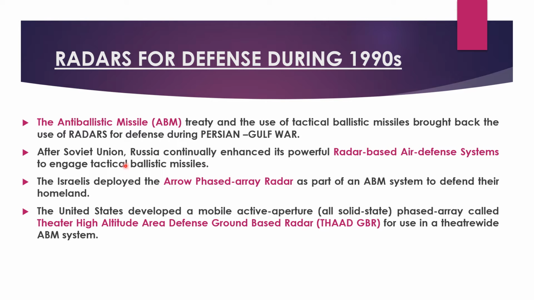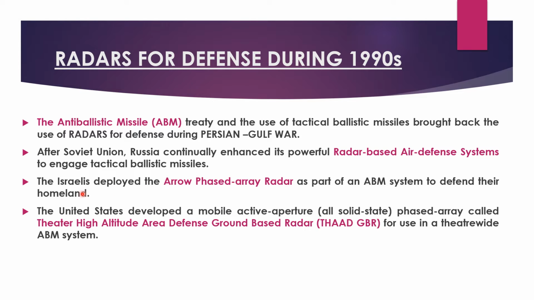To handle such kinds of missiles, it strengthened its radar-based air defense system. India also has a radar-based air defense system. There are aircraft equipped with radars, and they are able to detect and destroy missiles. And this is called an anti-ballistic missile system.